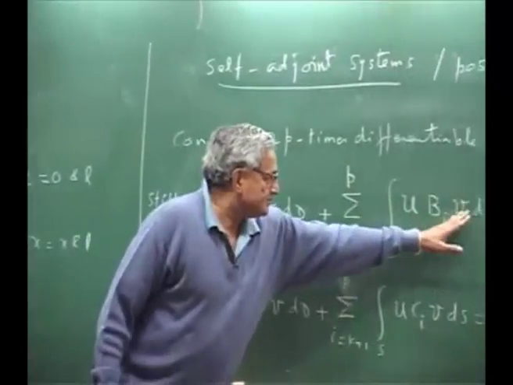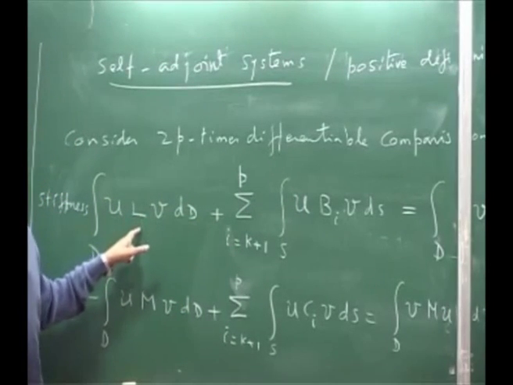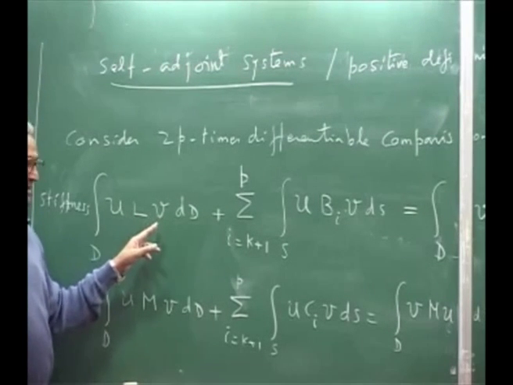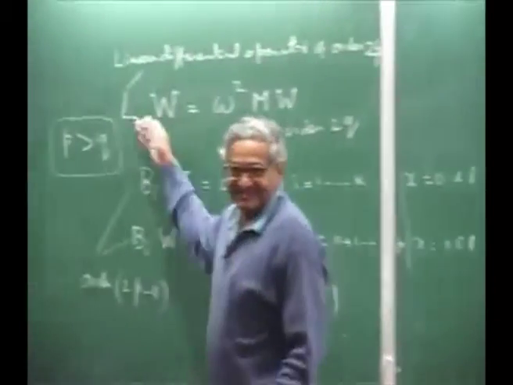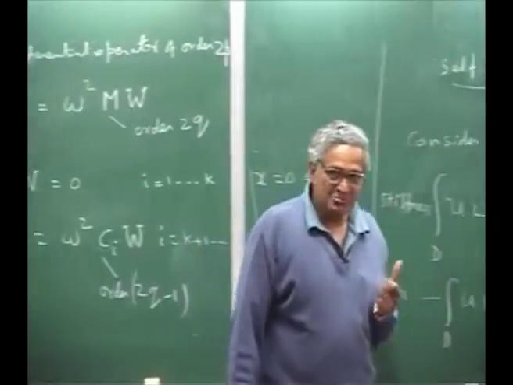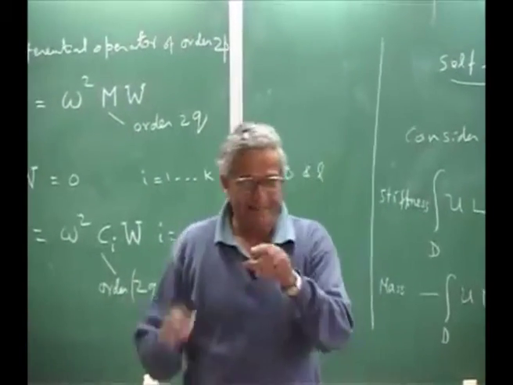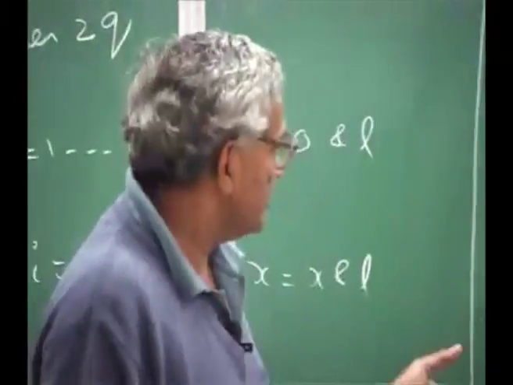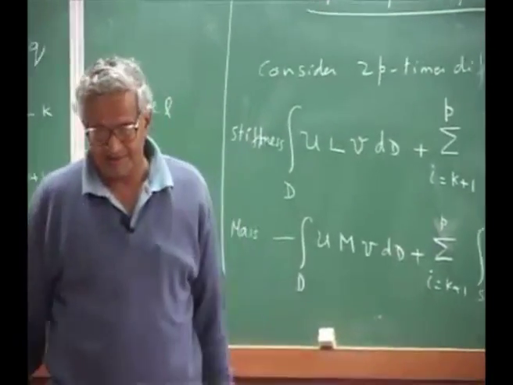If you take only this part or that part, the differential operator is operating on V. What you do is integrate by parts, once, twice, depending on the order of your operator. Then this will become quadratic in form, and then you can interchange U and V wherever they appear. It doesn't matter, the expression will remain the same.